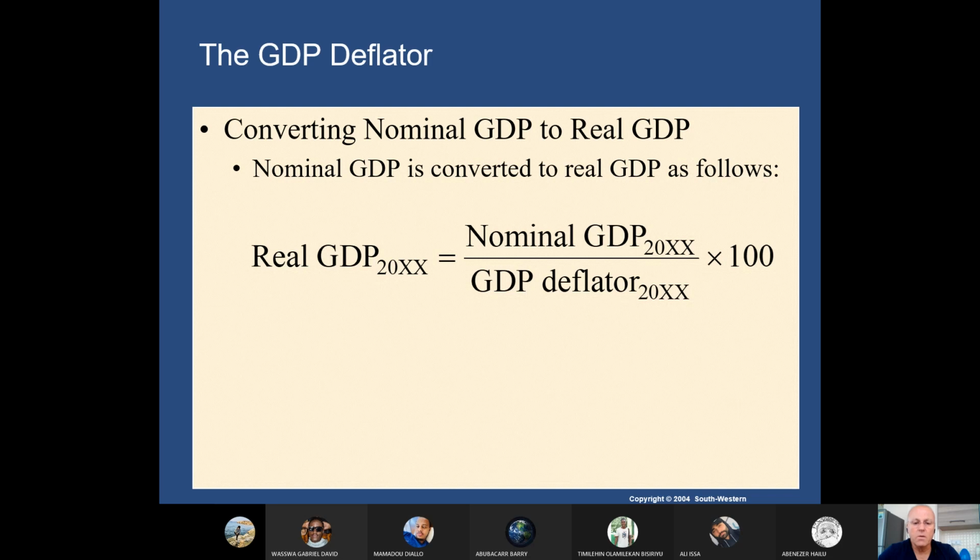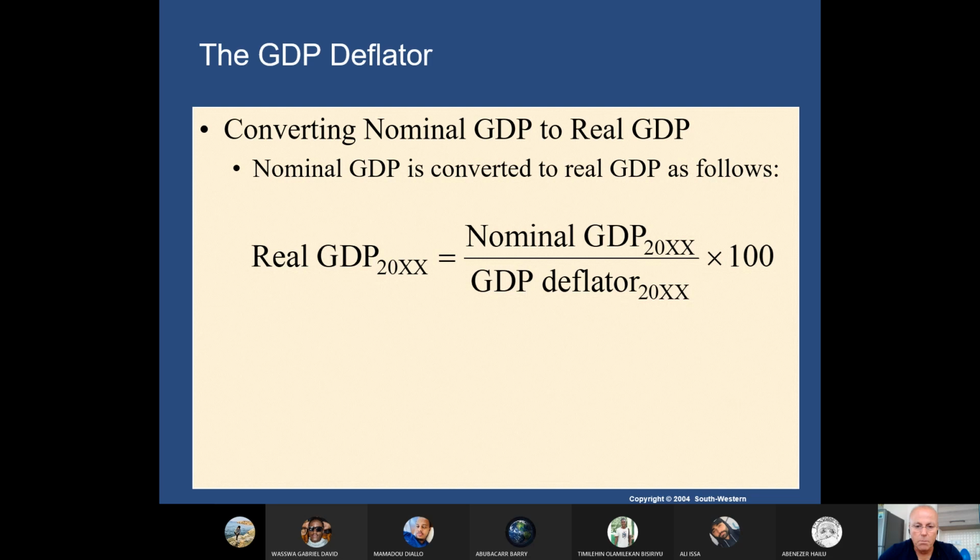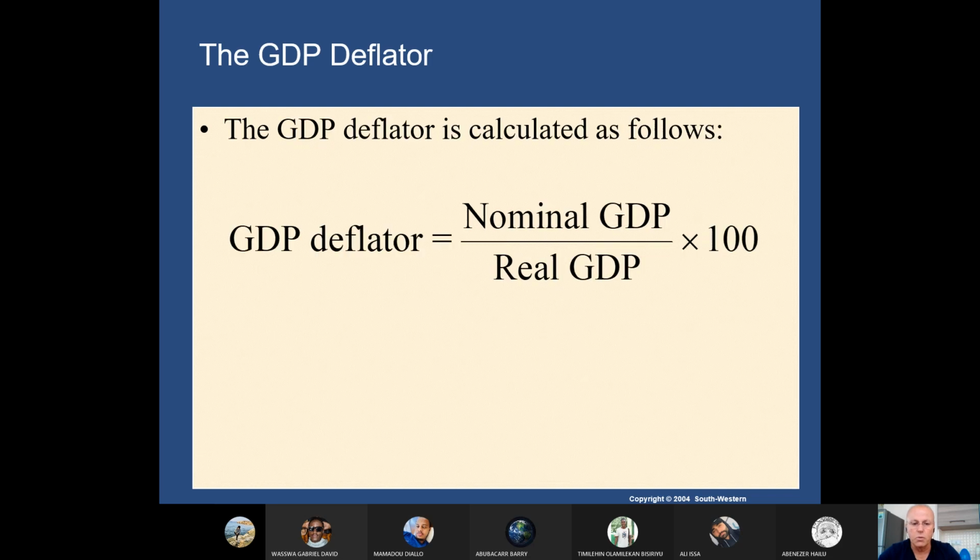The real GDP is, again, as you are observing here, if it is mentioned for 2020, nominal GDP 2020 will be divided by the GDP deflator 2020, then you will get the real GDP, because you are going to replace the positions of the GDP deflator and real GDP. From mathematics, if you multiply any number with the denominator, you will transfer it to the other side.